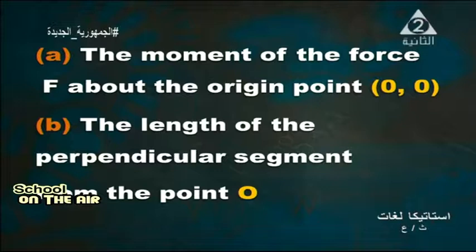My dear student, we know that the moment equals r cross F. In this example, the force has two coordinates and r also has two coordinates. By using r cross F we calculate the moment of the force.